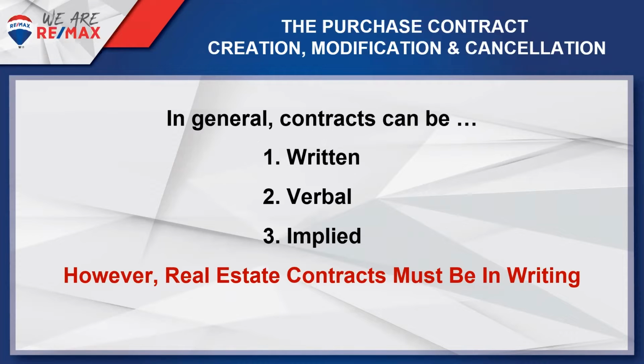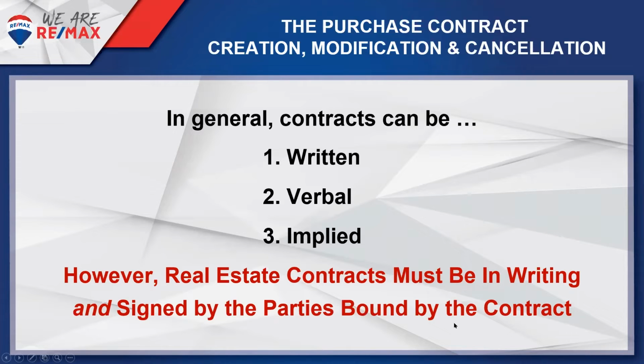It's a fraud to sell a property in the state of California with a verbal agreement. So it has to be in writing and signed by the parties bound by the contract. So the buyer and the seller must both sign the contract or their legal surrogate. And I'll cover that in a moment.